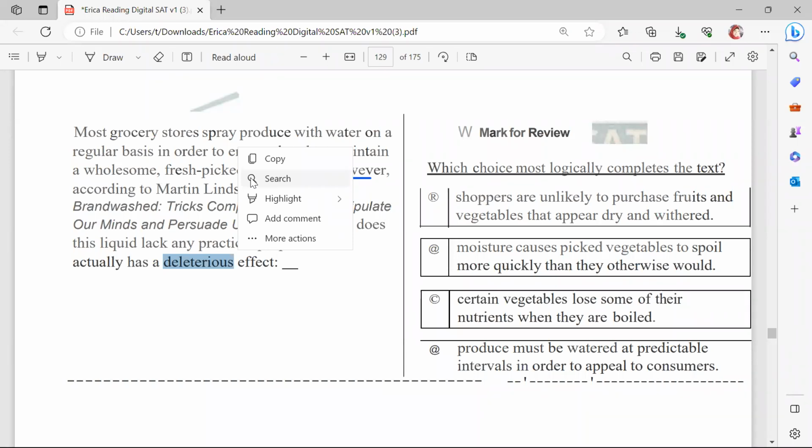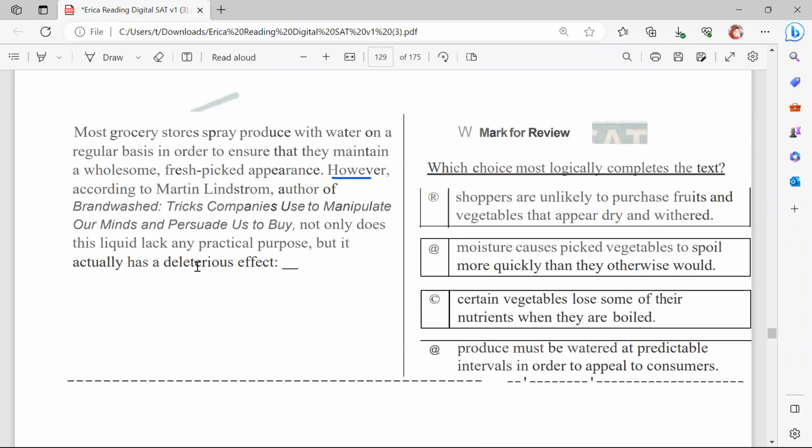But I will not do that. I will try to deal with the passage as it is, because we will experience that in the real actual test. So we're going to see whether we'll be able to deal with it without knowing the meaning of the word, or we will be tricked and get the wrong answer.